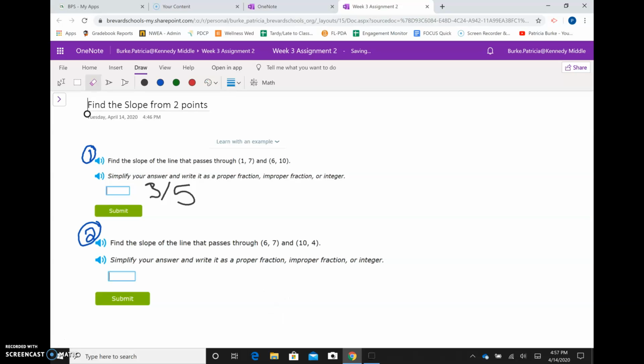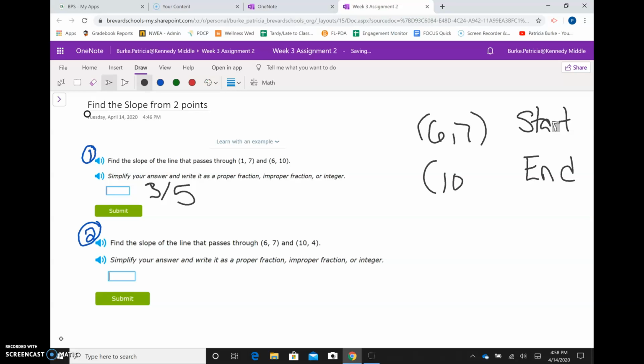Again, I'll do it both ways for you. So we will do it with a starting point and an ending point first, and see where that leaves us. If you like this method, we are going to start at (6, 7), and we're going to end at (10, 4).